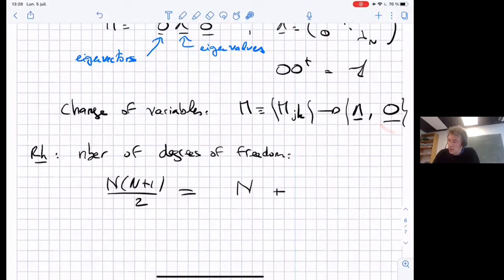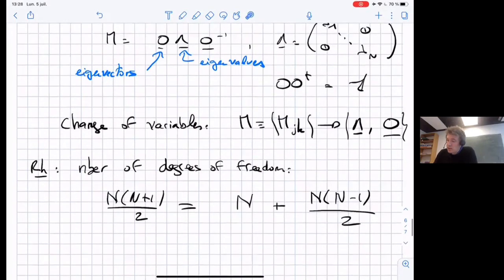This is a very simple relation, but you can indeed check that an orthogonal matrix of size n naively has n squared entries, but because of the orthogonality relation, you have much fewer degrees of freedom, and this is precisely the number of freedom that you have.